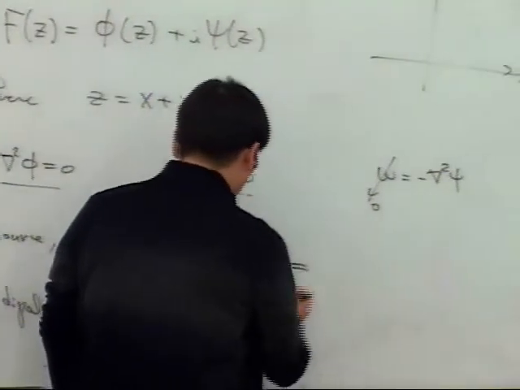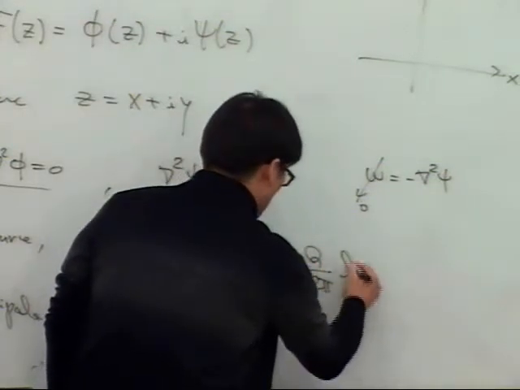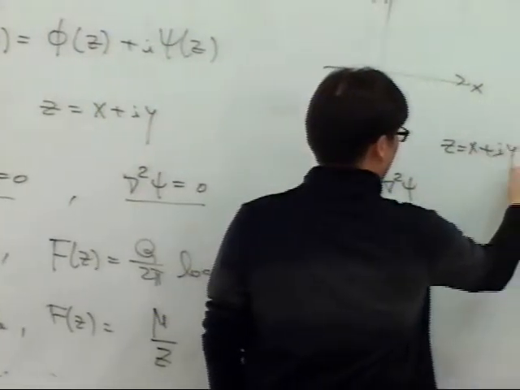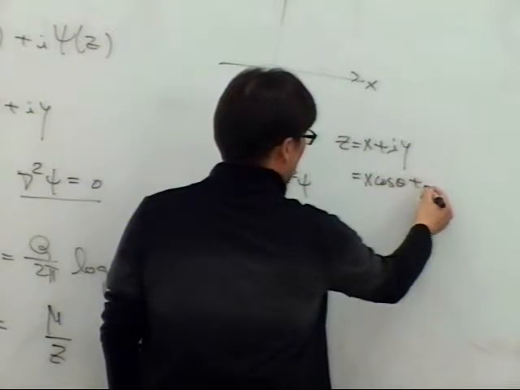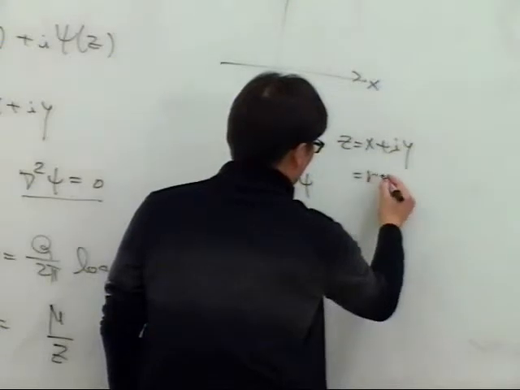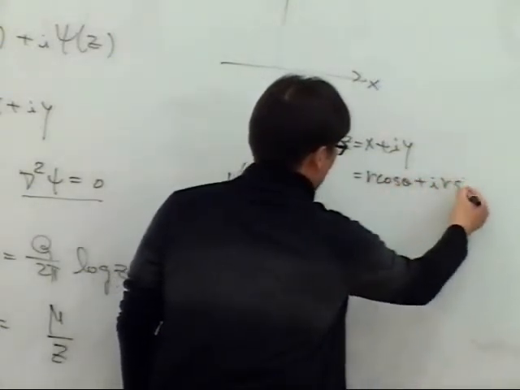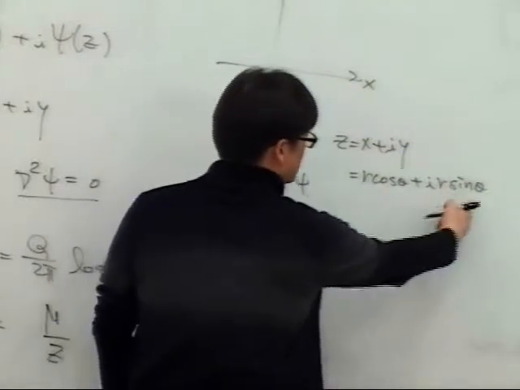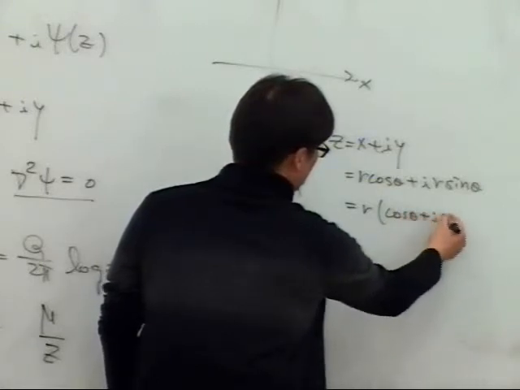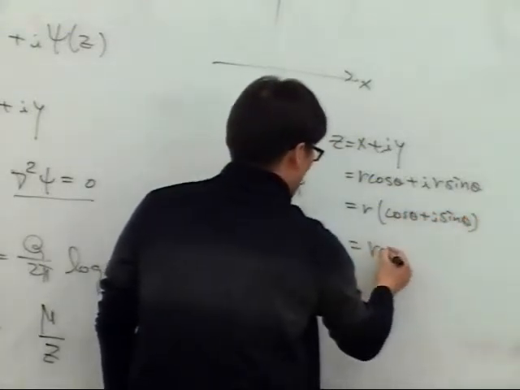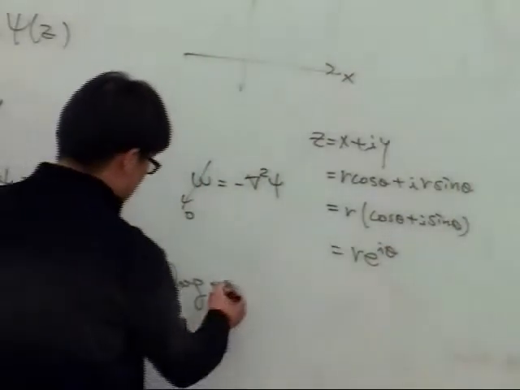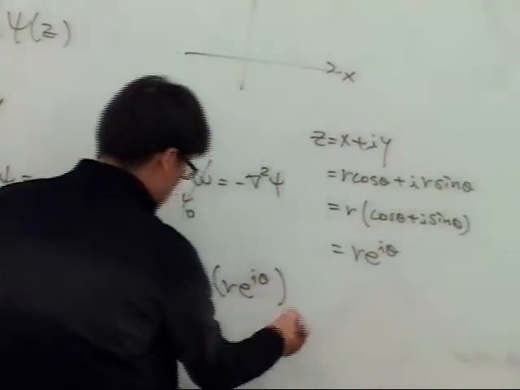And then for the source, q divided by 2 pi log z, where z is x plus iy, right? And this is x equals r cosine theta, y equals r sine theta, so r cosine theta plus i r sine theta. Because this is x, this is y. And then I can write this as r times cosine theta plus i sine theta, meaning that z is nothing but r e to the i theta.